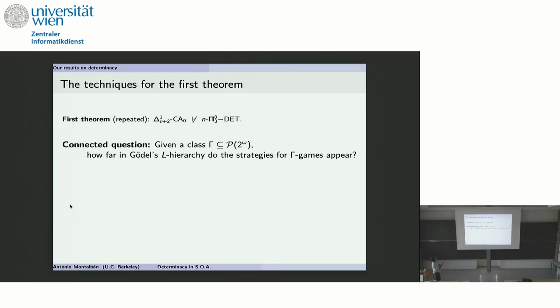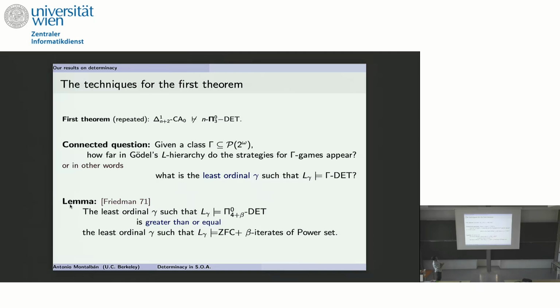A connected question: given a class Γ, how far in Gödel's L hierarchy do you need to go to find the strategies for this game? What is the least γ such that L_γ proves Γ determinacy?